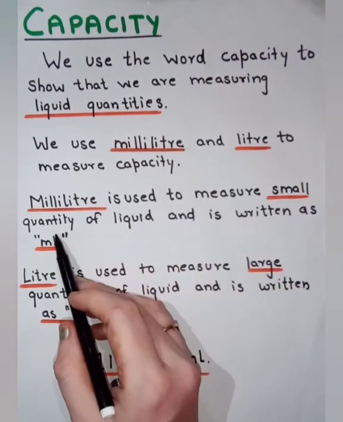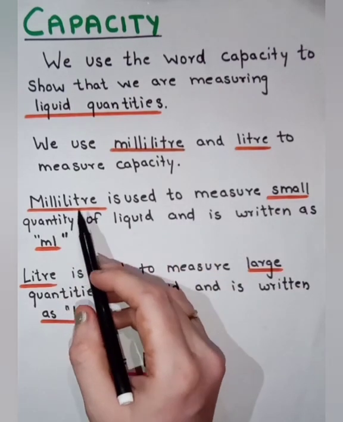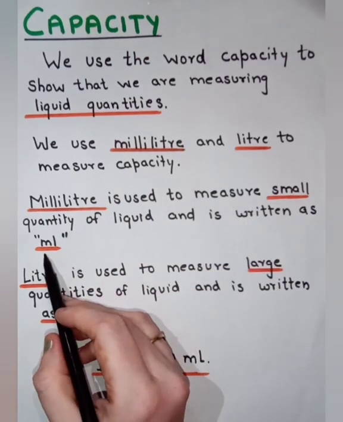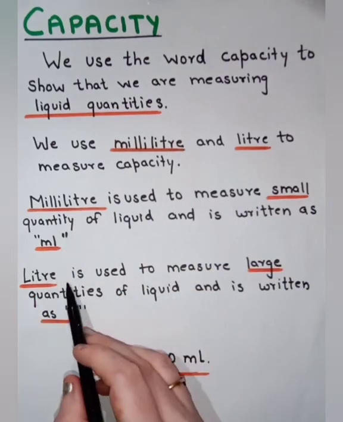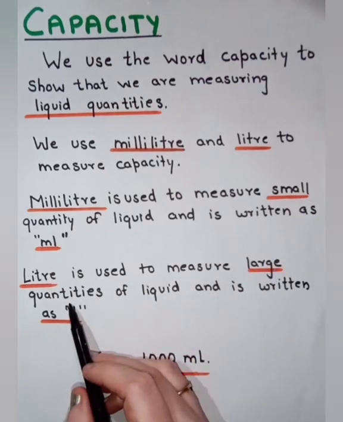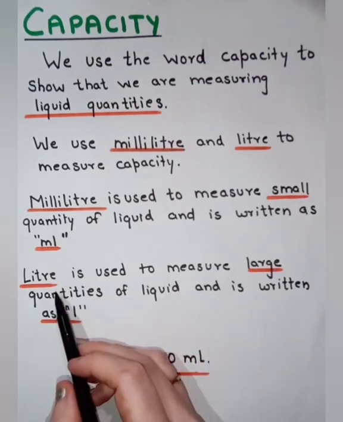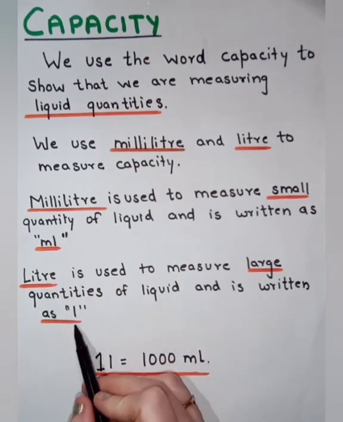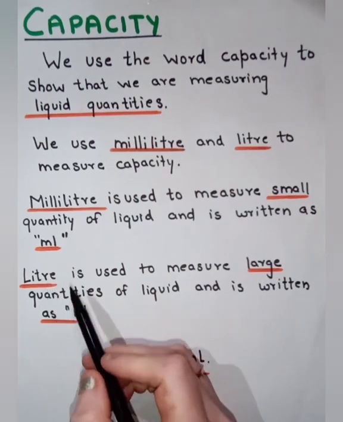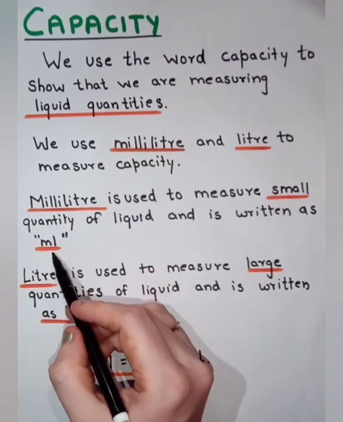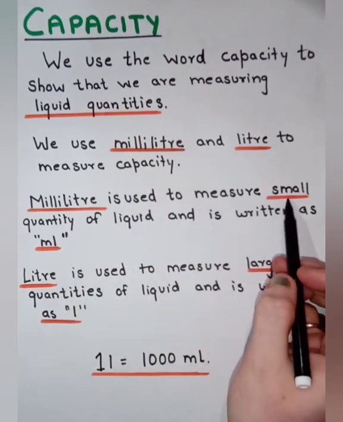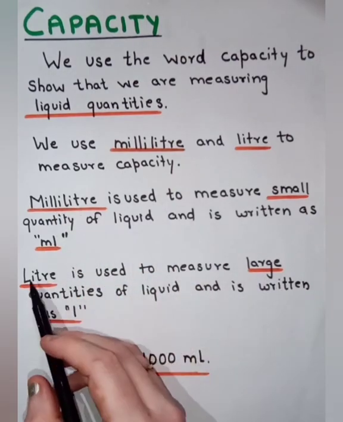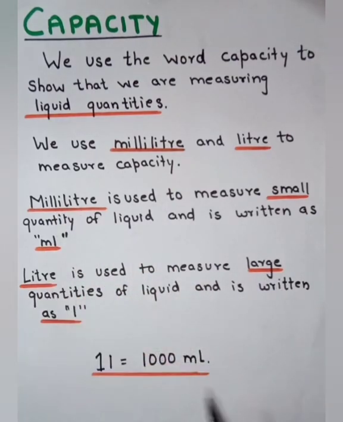For small quantity, we are using milliliter and it is written as ml. Liter is used to measure large quantities. For large quantities, we are using liter and it is written as L. Liter is written as L and milliliter is written as ml. For small quantities, we are using milliliter and for large quantities, we are using liter.